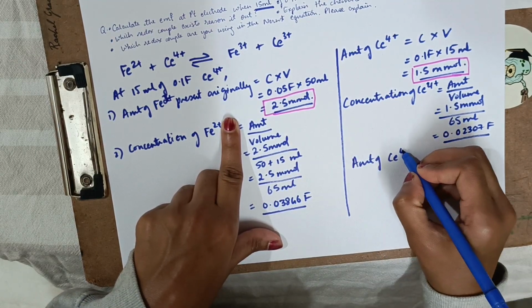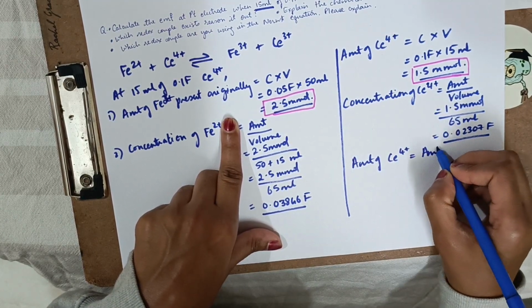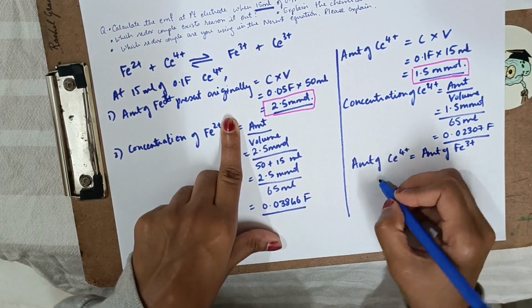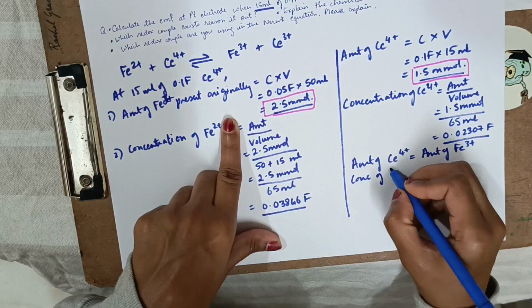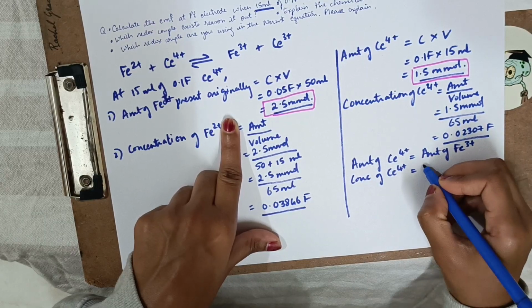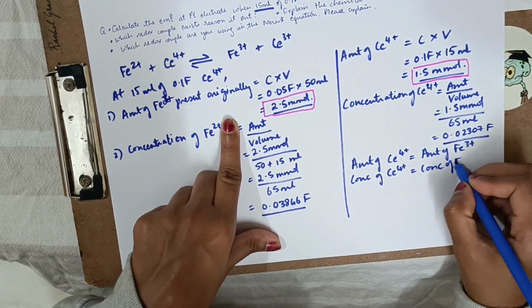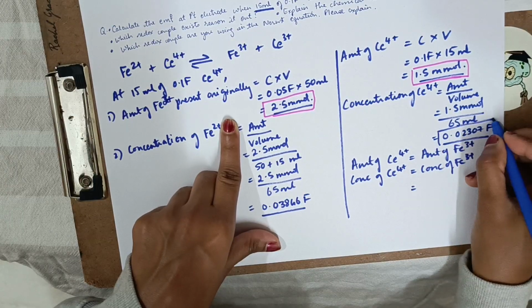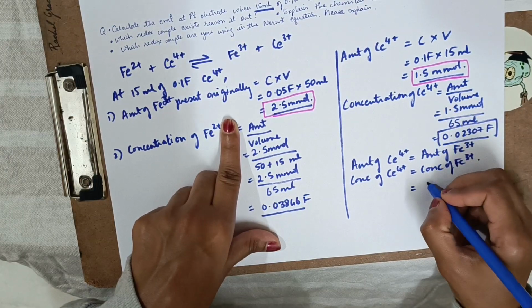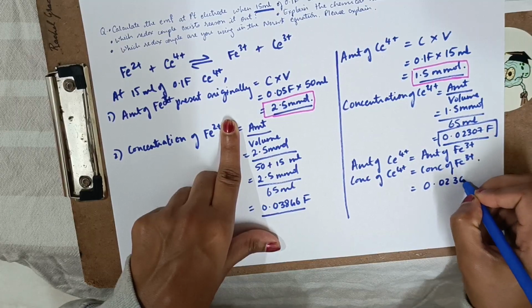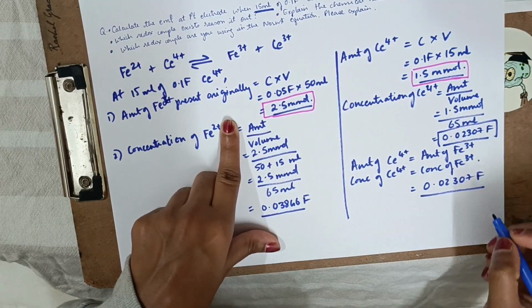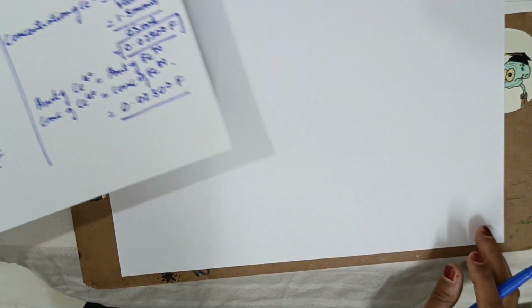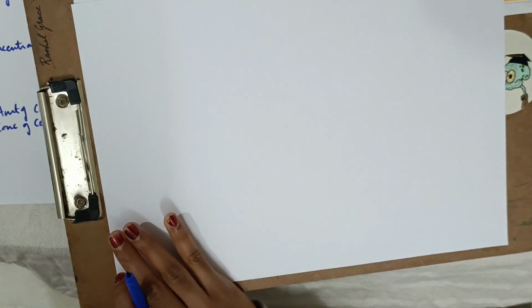Therefore the concentration of cerium4+ is equal to the concentration of Fe3+, which is 0.02307 formula.